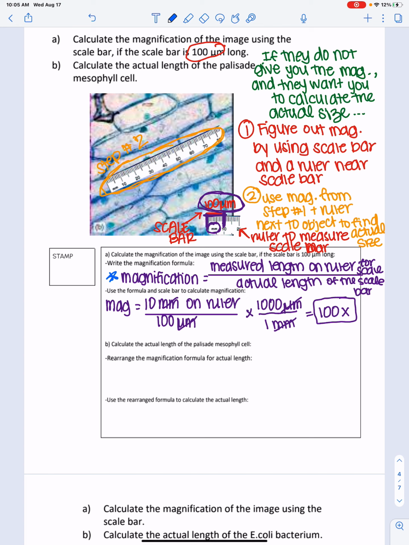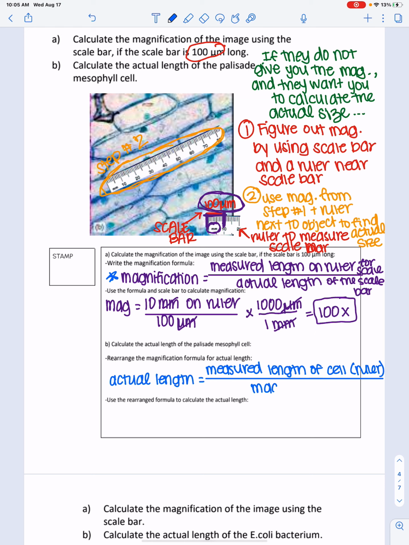So actual length is going to be equal to the measured length of the cell. I'm going to put in parentheses "ruler", just to make sure we know where that number is coming from. And we're going to divide that by the magnification we just found, so magnification from earlier.